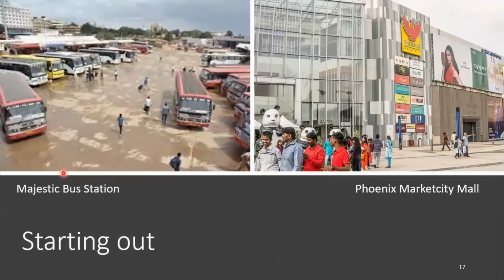How would that work? We selected 2 locations in Bangalore with fairly high footfall. Majestic bus station is a busy central bus station in Bangalore where a lot of inter and intra-city buses come and congregate. And Phoenix Market City Mall is again a busy mall in Whitefield in Bangalore. A lot of footfall here as well, right?